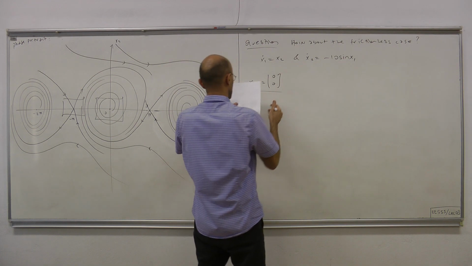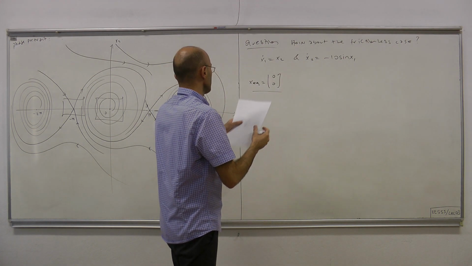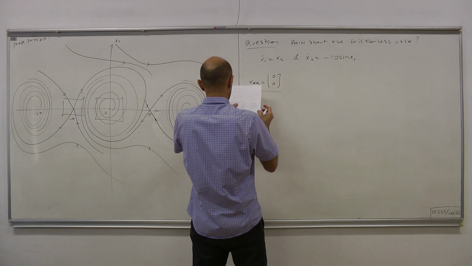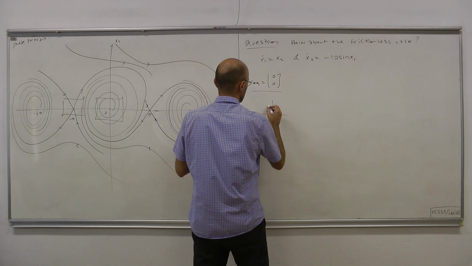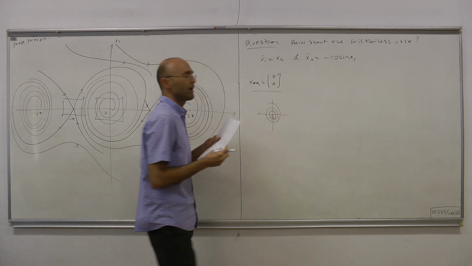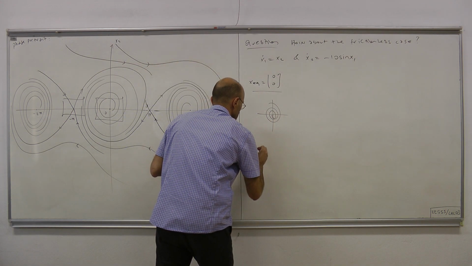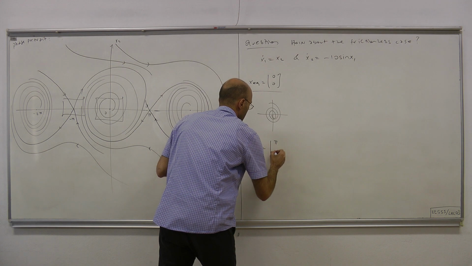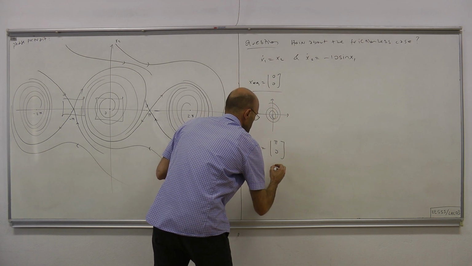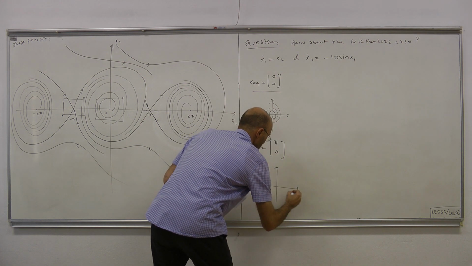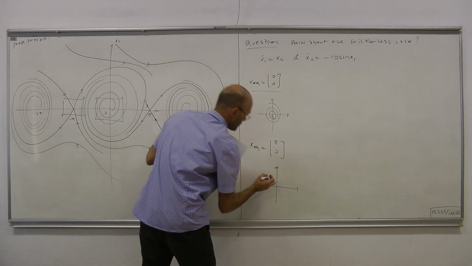For the equilibrium x equals 0, 0, we have this behavior locally. And for the equilibrium x equals pi, 0, we have this behavior.